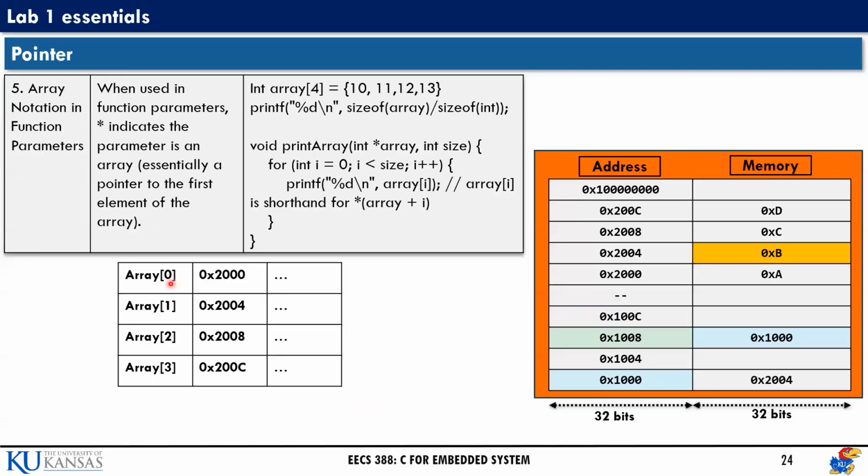So the first element of the array is located at 0x200, and the next elements at the next addresses. This is very efficient for collecting data from memory, because consecutive addresses contain your data.